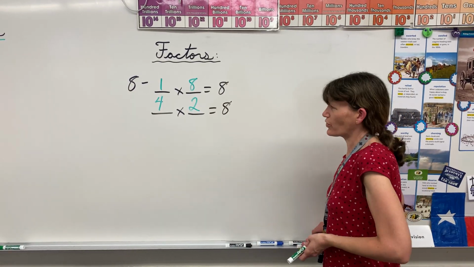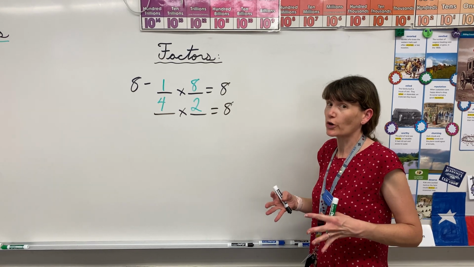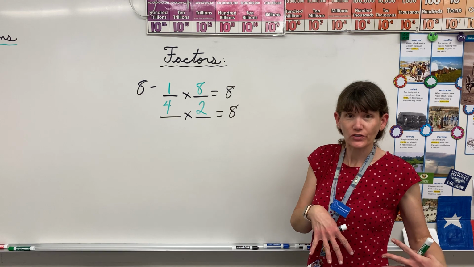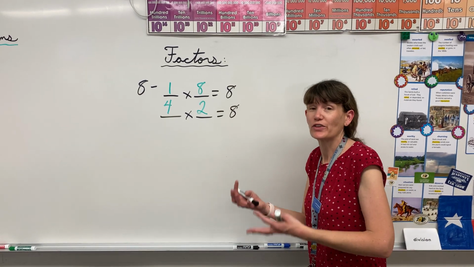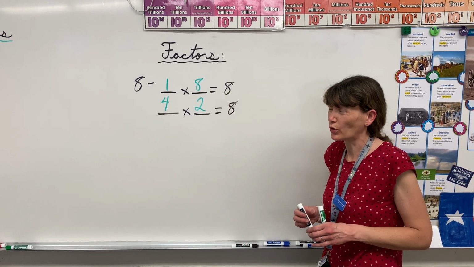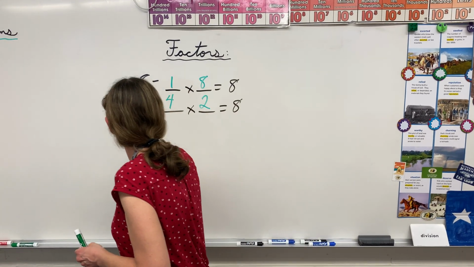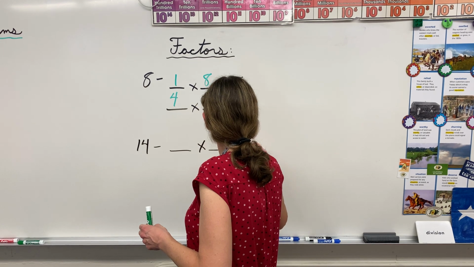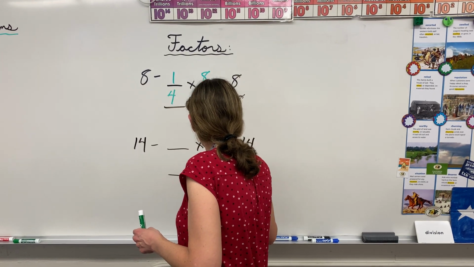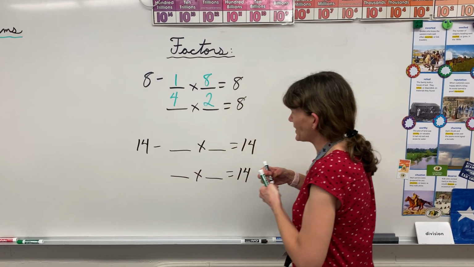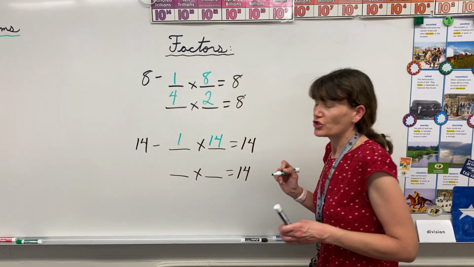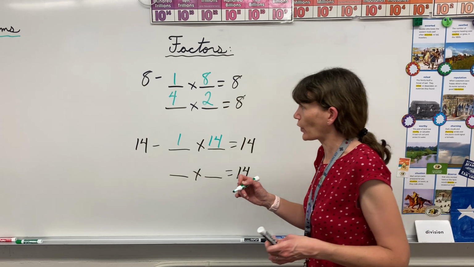And make sure you think it through. Some of, especially these bigger numbers, have kind of sneaky ones. Like with 40 from the last video, you had 2 and 20, which is a little unusual to see. So 14 is next. So what times what equals 14? And again, we always do 1 and 14, just in case it is that big number.